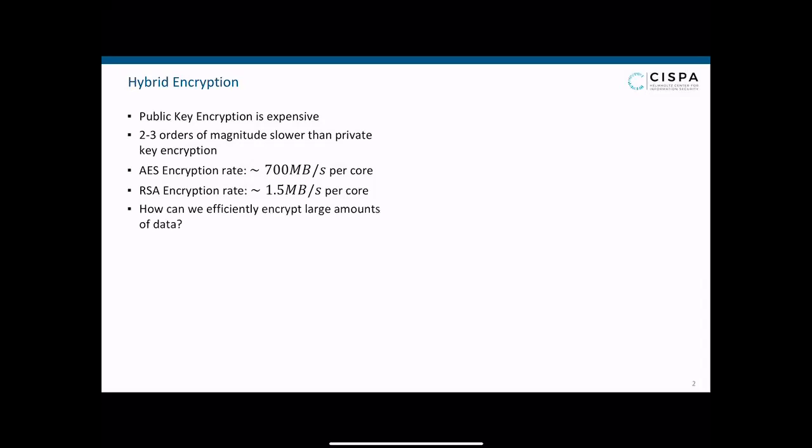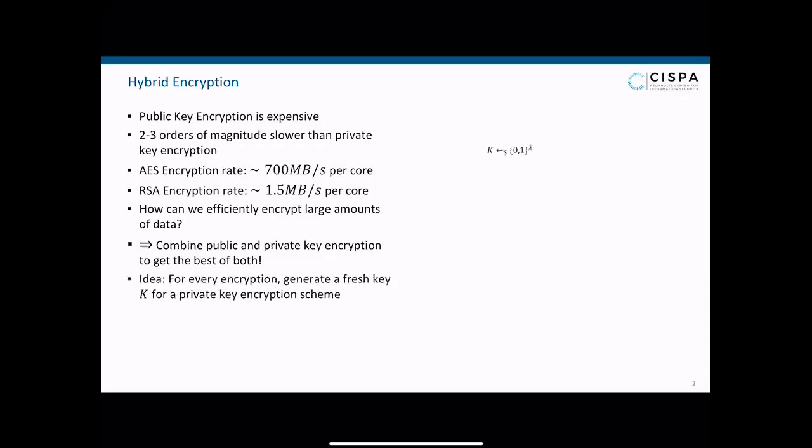Okay, so what do we do? What do we really do in the real world? Obviously, no one wants to put up with this snail speed of encryption. The immediate idea is, of course, to combine public and private key encryption to get the best of both worlds.